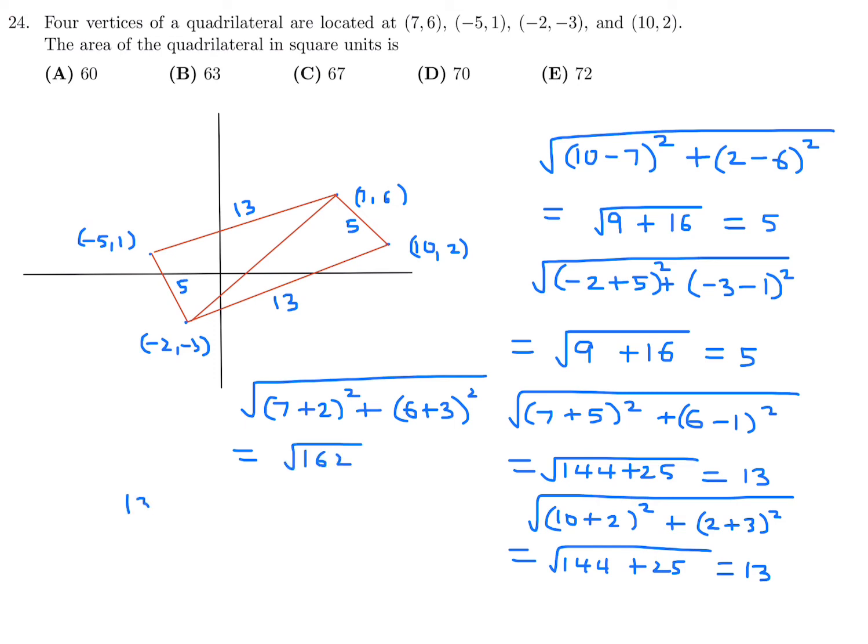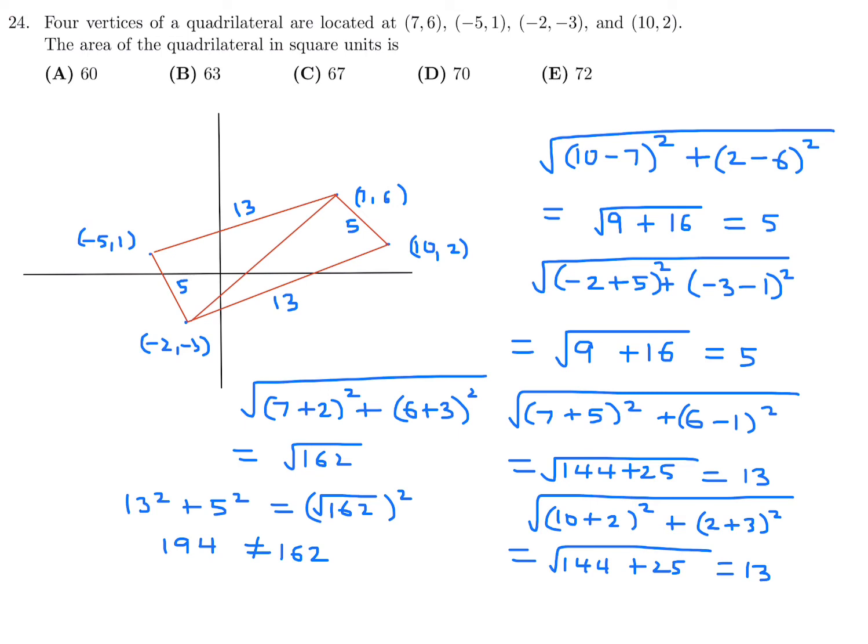So let's see here. Is 13 squared plus 5 squared equal to root 162 squared? That's going to be 169 plus 25, so 194, and 194 does not equal 162. So that means this is not a right angle, so it's not a rectangle. It's a parallelogram. All right.